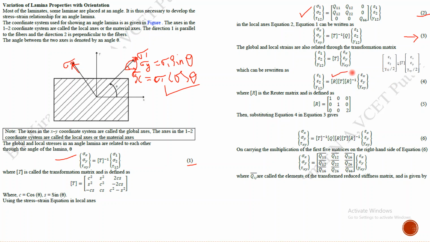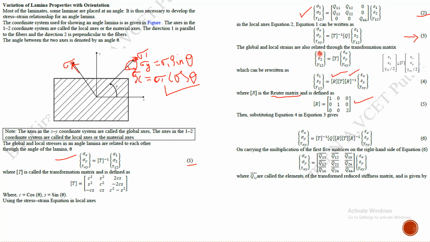To include it, I am going to include one more matrix, usually called the Reuter matrix, which is given by 1, 1, 2 diagonally, and all other entries are 0. The purpose of the Reuter matrix is purely because of shear strain. That is the only thing you have to remember.